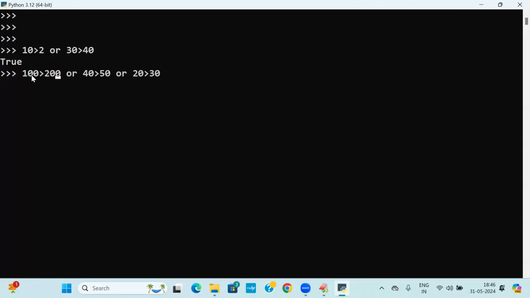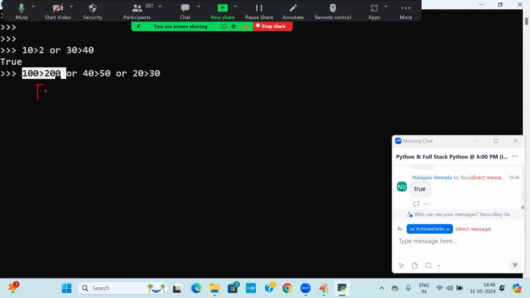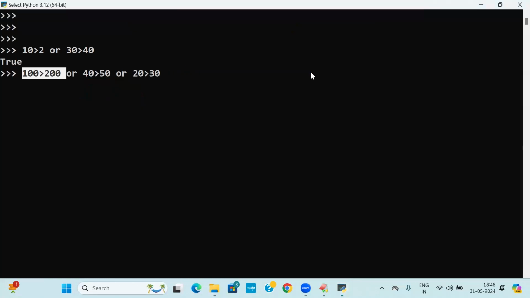So see that carefully. 100 greater than 200 is false, compulsorily it will go to the second. The second is also false, compulsorily it will go to the last. Why can't it decide the total result is false? Because if the last one is true, the result becomes true. What is this one? False. Then the result is false. What is this evaluation called? Full length evaluation. Got it or not? Yes.